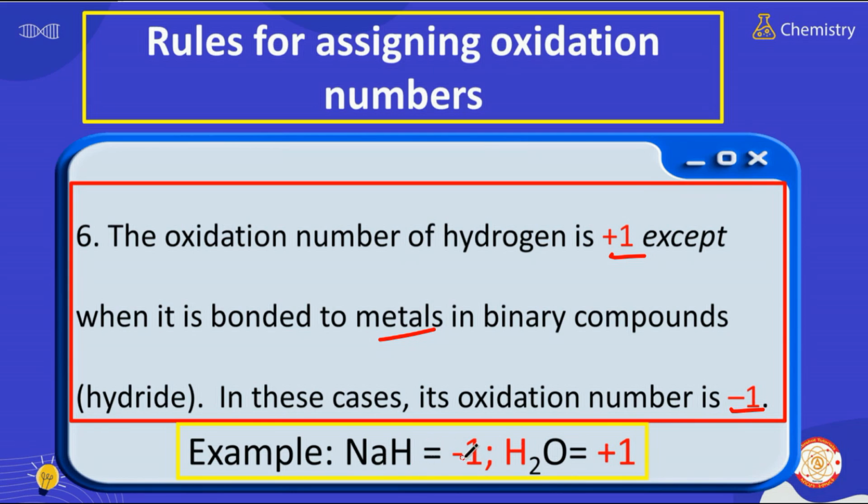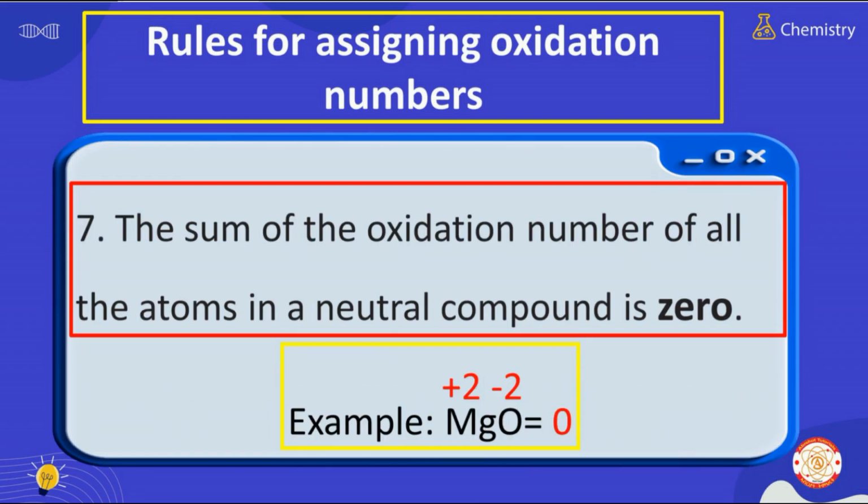Therefore, the oxidation state of hydrogen would be -1. But in this other case, the oxidation state of hydrogen is +1 because it's not bonded to a metal. Rule number 7. The sum of the oxidation numbers of all the atoms in a neutral compound is 0.